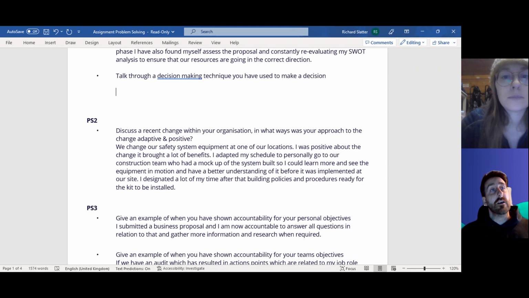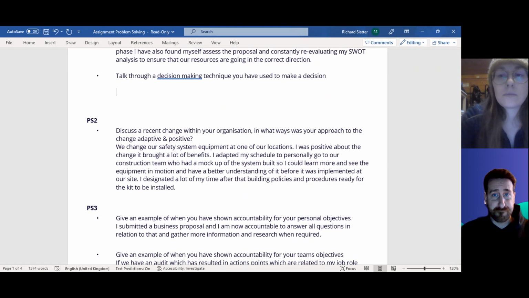So you've shown a really proactive approach, a really positive reaction and response to this change in safety equipment. And you were positive, as you say, about the benefits, and probably that got communicated. So the right people were probably involved, like yourself, in communicating to the rest of the staff: this is the reason why we've made the change, and we're going to reinforce it.